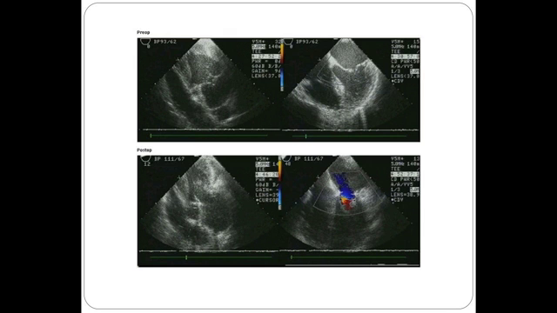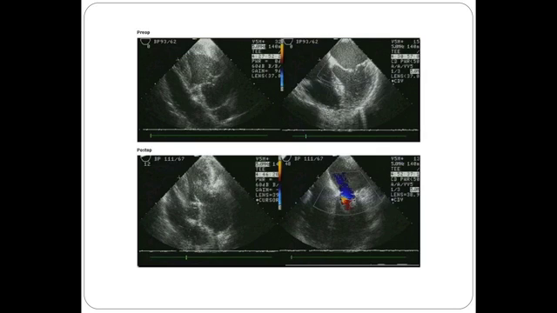Exactly. The next investigation we come to is echocardiography. This is absolutely vital investigation. However, it certainly can be not as easy to get hold of, at least immediately in the hospital, as a chest X-ray. But it gives you information both about the structure of the heart, so any abnormalities you may have of the structure, but also certainly about the function of the heart.